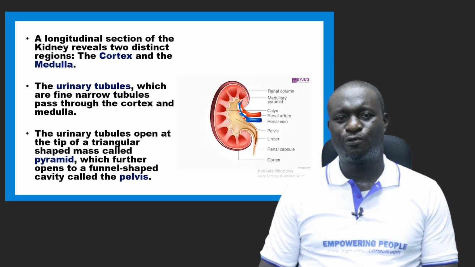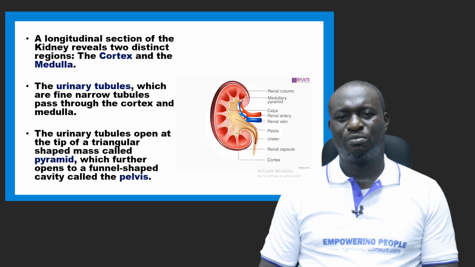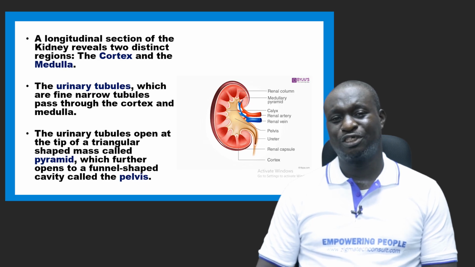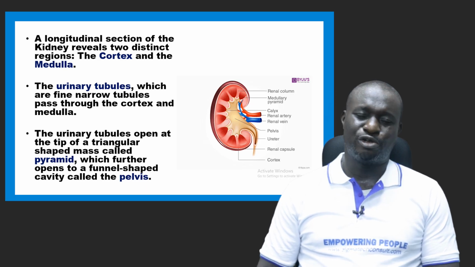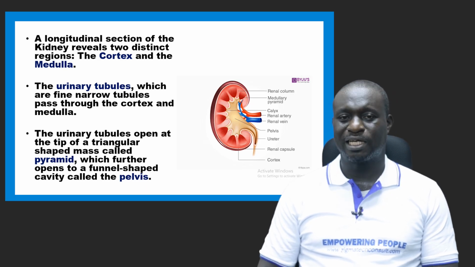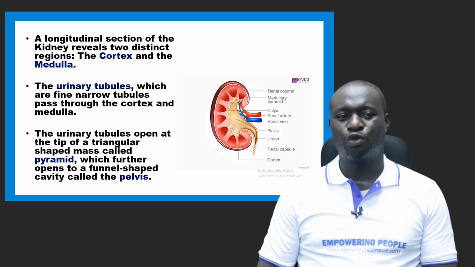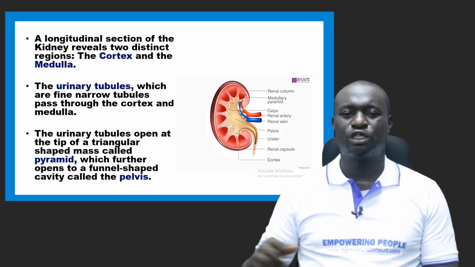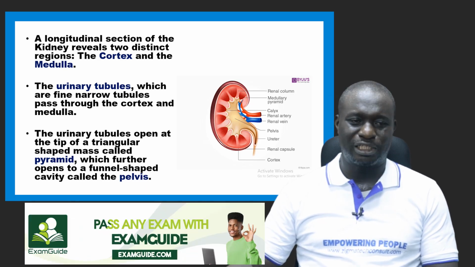If you take a full look at the urinary system, you're going to appreciate more of the diagram of the kidney, how the kidney is connected to the urinary bladder. So the cord or tube that connects the kidney to the bladder is called the ureter.